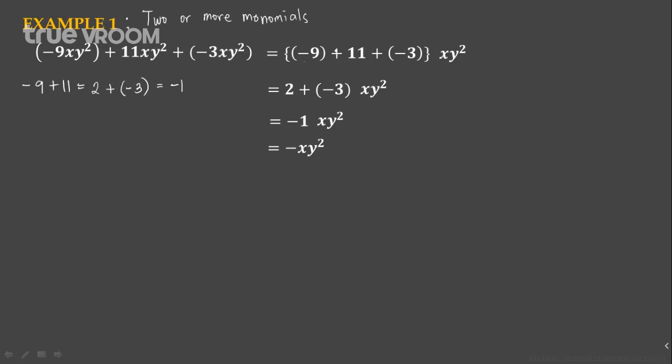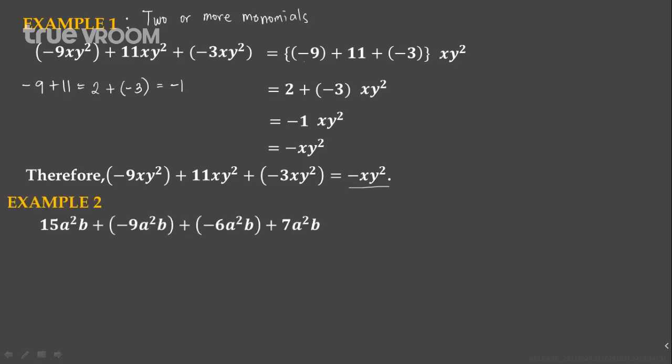If you cannot combine easily, step by step, negative 9 plus 11 is 2, plus negative 3, that is negative 1. If the coefficient is 1, we do not put 1. Rather, just put negative xy squared. And therefore, negative 9xy squared plus 11xy squared plus negative 3xy squared is equal to negative xy squared. That is example number 1.